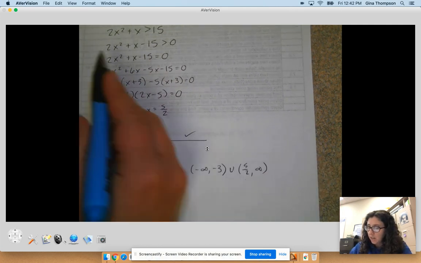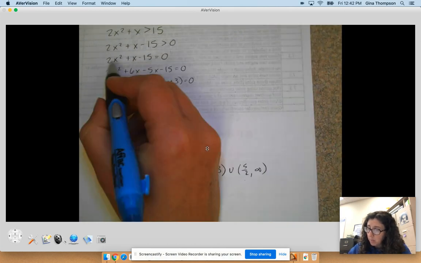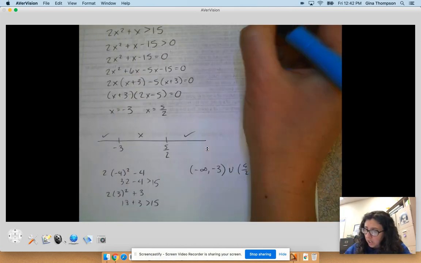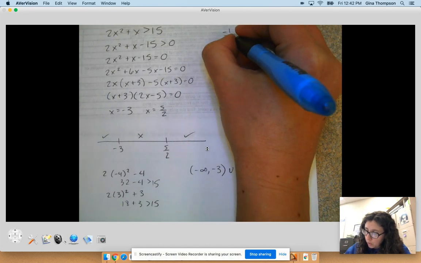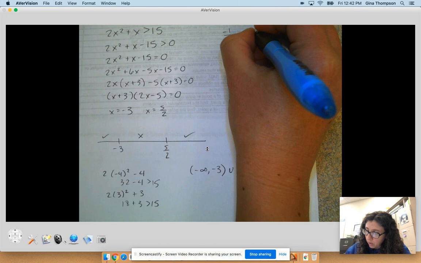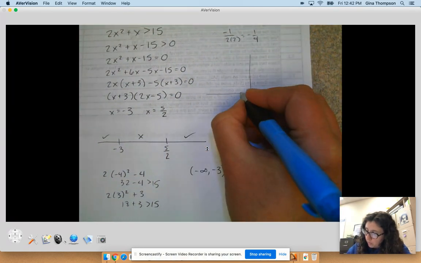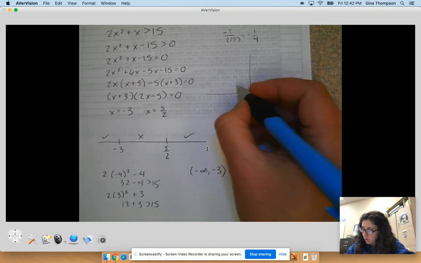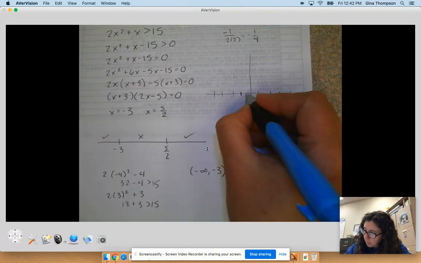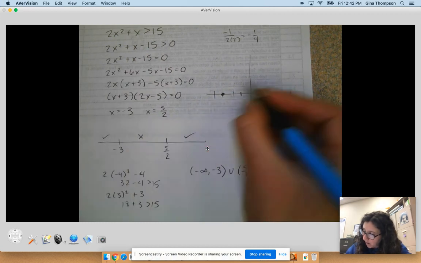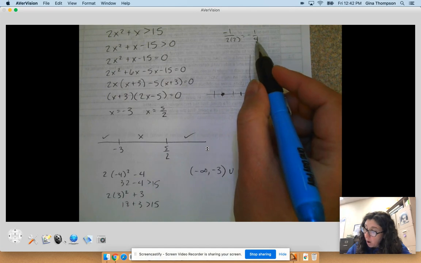And let's just think, just for practice, let's graph this. This is a parabola. It opens up. Where's the vertex? The vertex is at minus b over 2a, so at minus 1/4. We can put our x-intercepts at negative 3 and 5 halves. And this is going to open up.